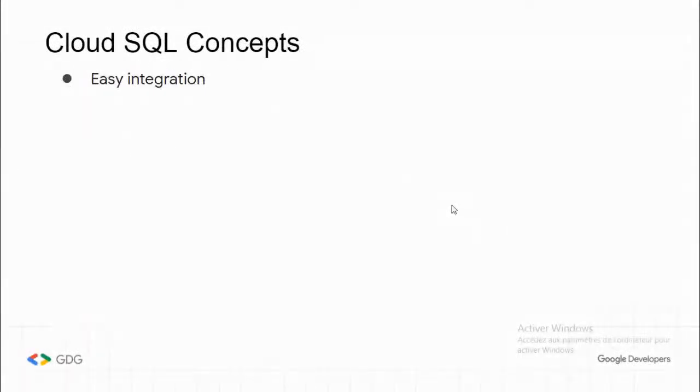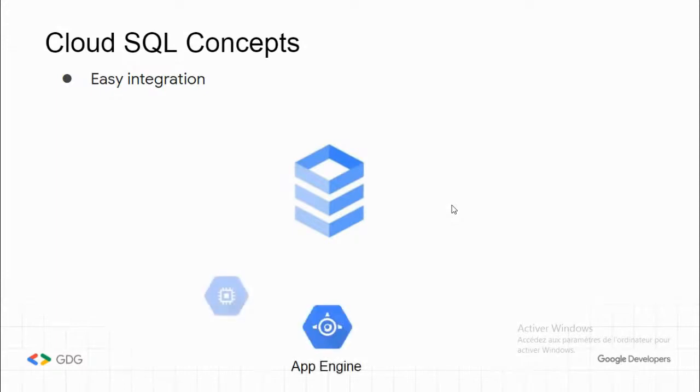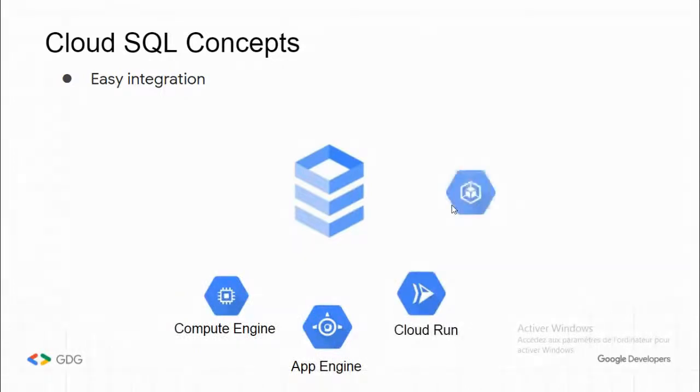You can use Cloud SQL as a relational database for your applications that are hosted within Google Cloud, like App Engine, Compute Engine, Cloud Run, Kubernetes Engine, Cloud Function.